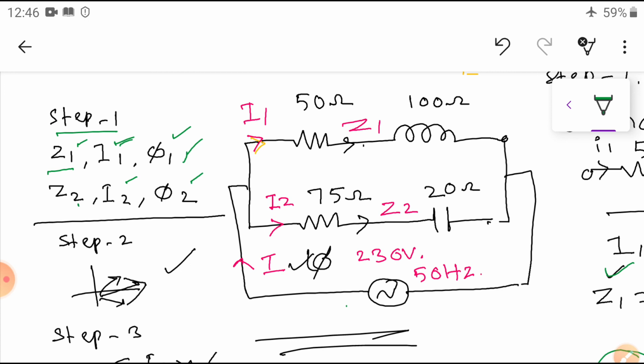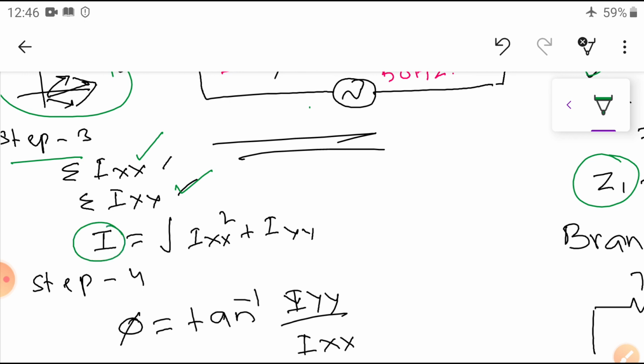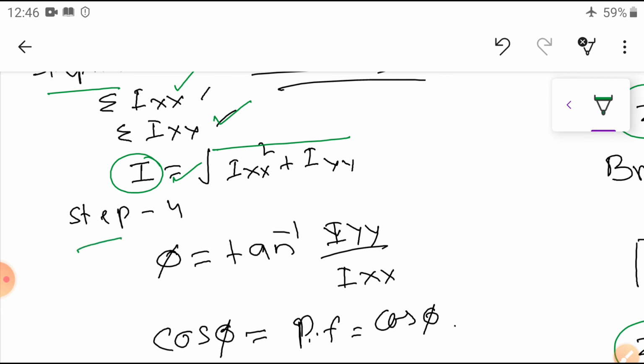From these two vectors we draw the phasor diagram. In step 3, I1 and I2 are resolved into x components and y components, giving the total x component and total y component. Total current is the square root of x component squared plus y component squared. In step 4, I want the phase angle, that is tan inverse of y component by x component.